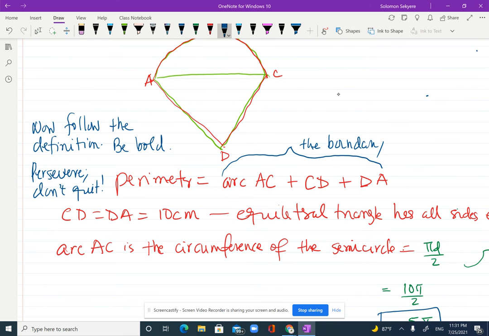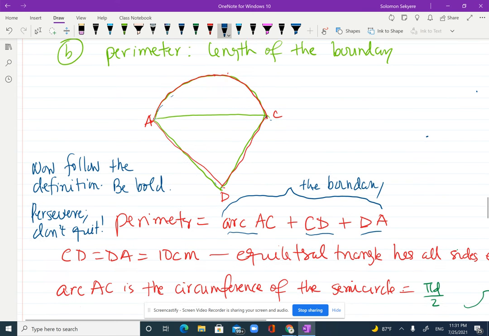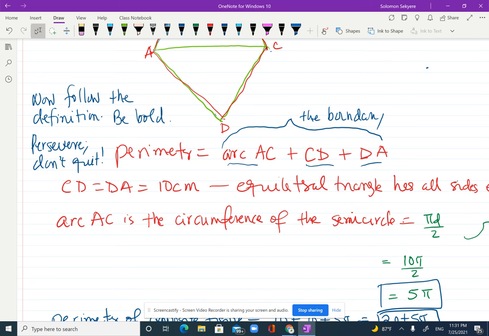It's what? Arc AC. See this right here, AC. The boundary is we start here, we go over there, arc AC, we continue C to D, D to A. That's your perimeter. So it's the arc AC plus the lengths CD and DA. Now, arc AC is the circumference of the semicircle.